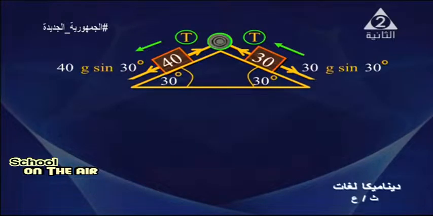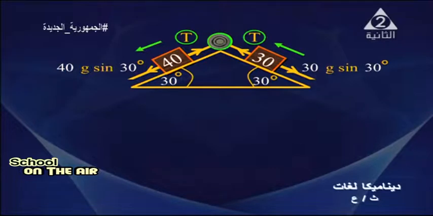We have two masses, the first 40 gram and the second 30 gram, connected by two ends of a light string passing over a smooth pulley. The pulley is fixed at the top of two smooth opposite planes inclined at 30 degrees to the horizontal. The system is kept in equilibrium when the two masses are in one horizontal line.